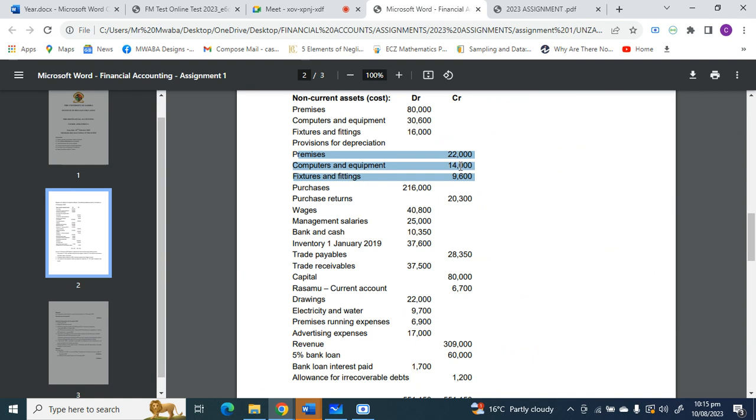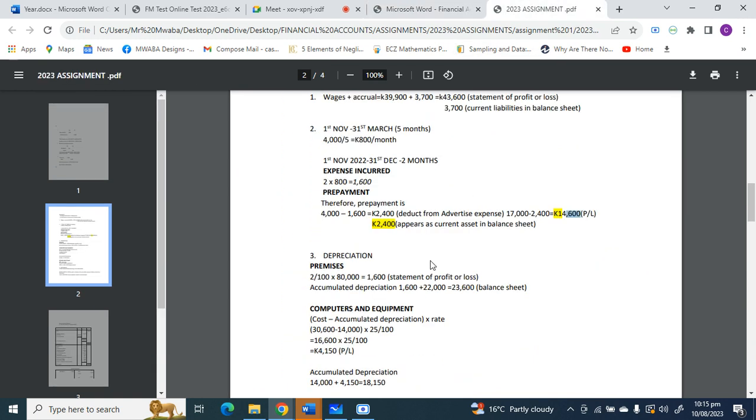All right. So the amounts you have to look for are these debit balances because these are assets. So even in the exam, please do not come here and use these amounts like I almost did. You come to the debit balances. These are assets. So 2% of 80,000, 1,600. This is the depreciation expense.